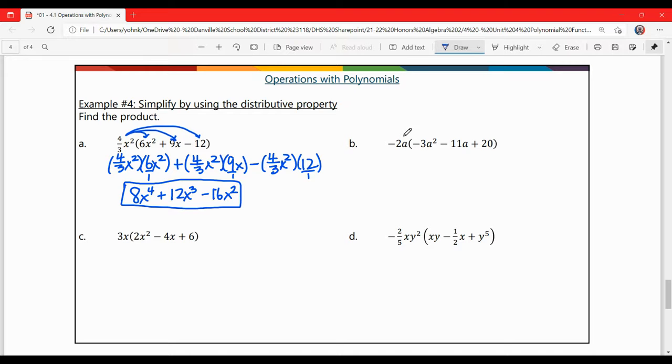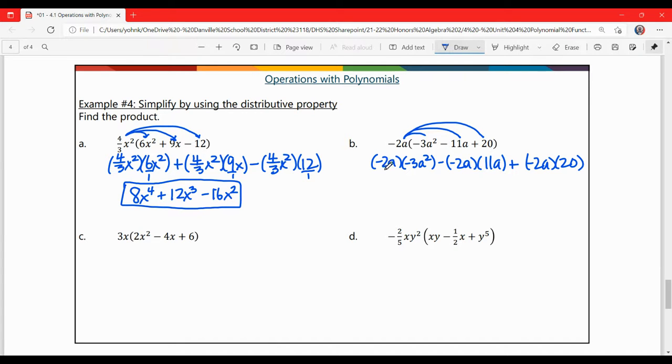Okay, if we look at letter B, I'm going to do the same thing. Distribute what's outside to everything that is inside. So I'm going to have negative 2a times a negative 3a squared, minus a negative 2a times 11a, plus a negative 2a times 20.